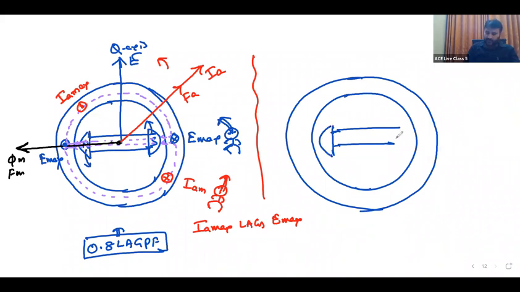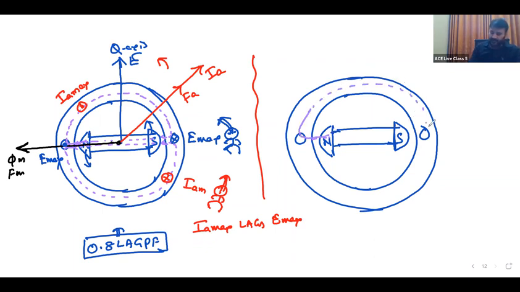Now I want to show how it is exactly demagnetization, magnetization. North pole, south pole. Flux direction is from north to south. This is one conductor. This is also a conductor. Flux direction. This is the flux. Diagram is same. So flux.